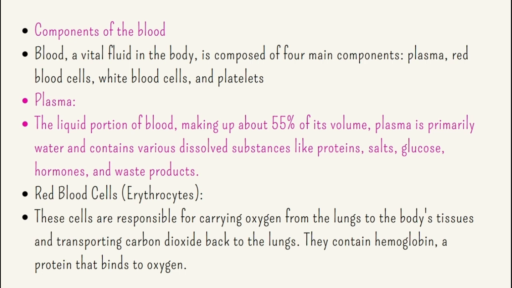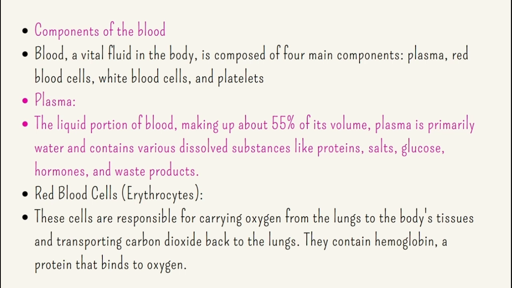So basically plasma and red blood cells, these four components, are all inside of the blood. When you bleed, your naked eye can't really see much, but put it under a microscope and these four main components of blood can be seen.